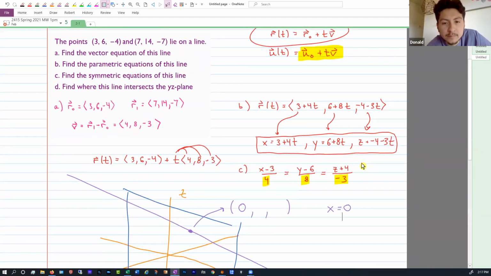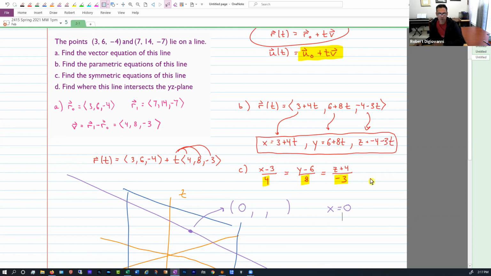Looking at your vector equation, your parametric, and your symmetric, which of these three forms is knowing that x is 0 going to allow you to do something? I'm going to open this up to Juan also.